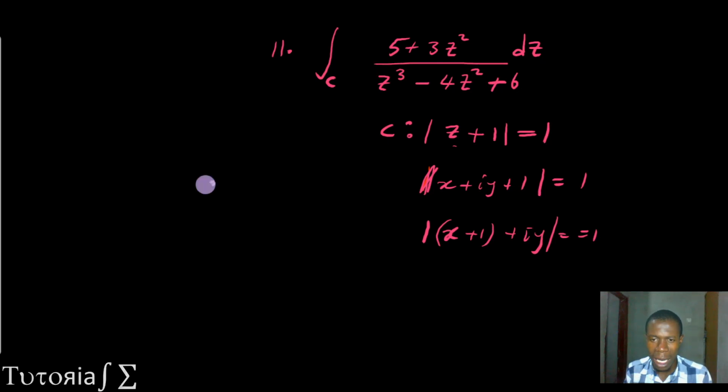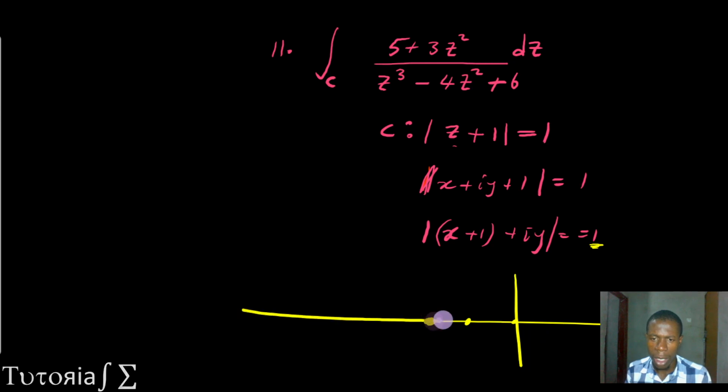And basically here, this is a circle centered at -1, 0. On the y part, that is 0. So this is a circle centered at -1, 0, with radius of 1. That is here to here, that will be 1.